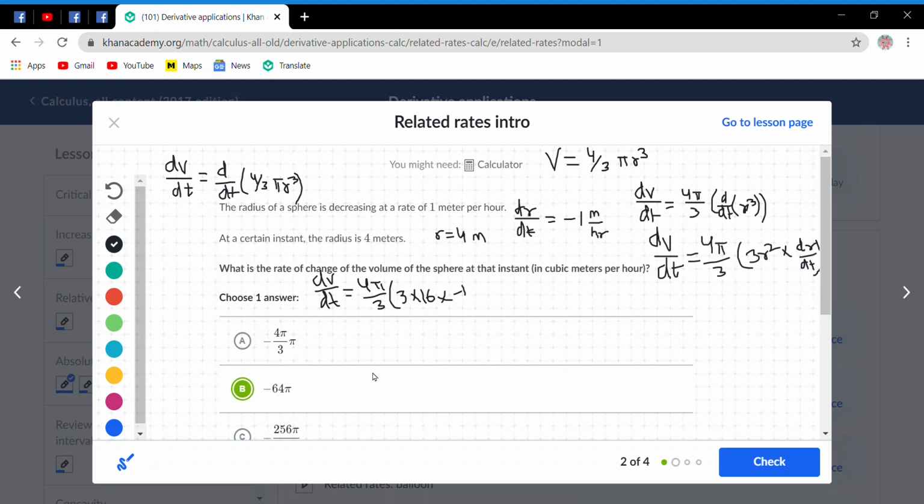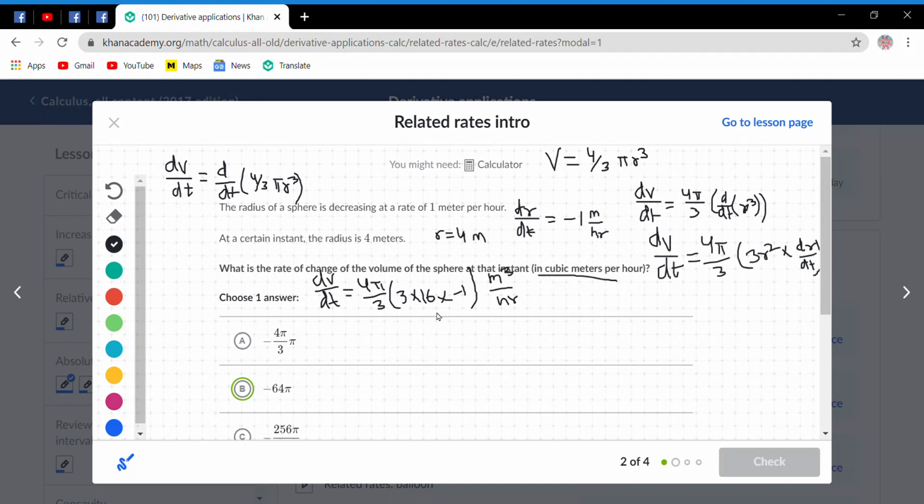This whole thing will be in meters squared, and meters squared times meters is meters cubed per hour. So these are the units, cubic meters per hour.